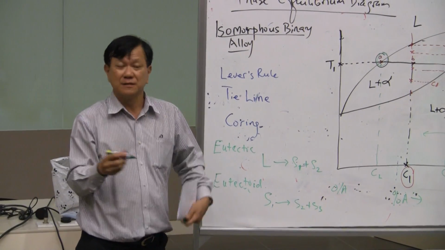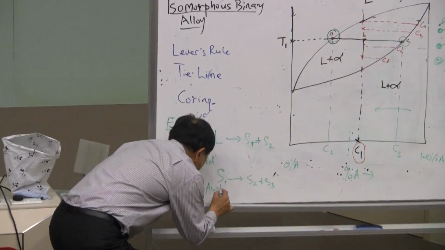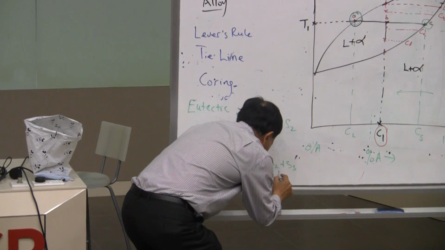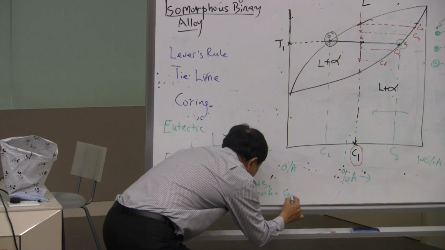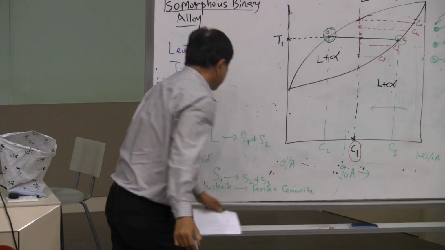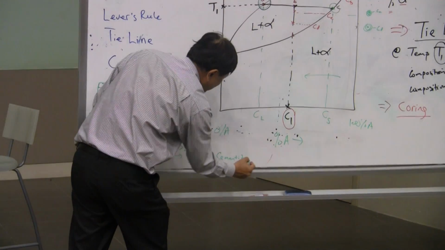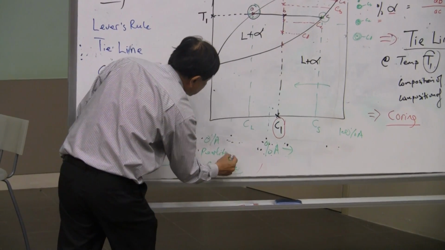Can you remember or not? Austenite will give you ferrite and cementite at the same time. When these two are formed at the same time, it is known as pearlite.